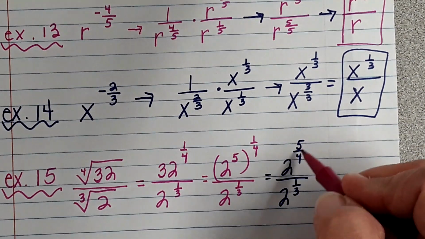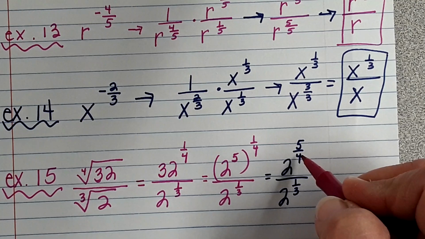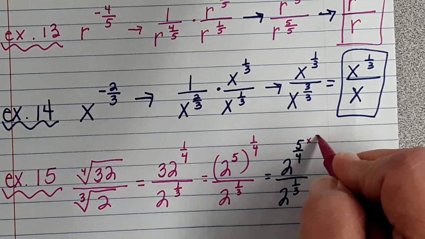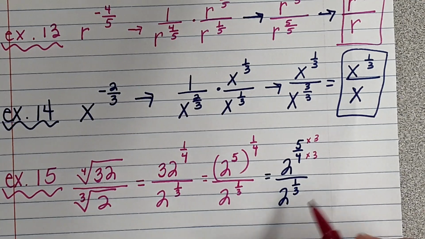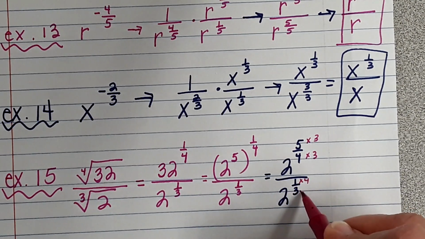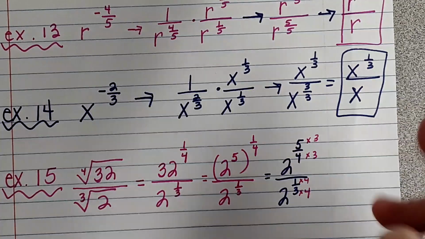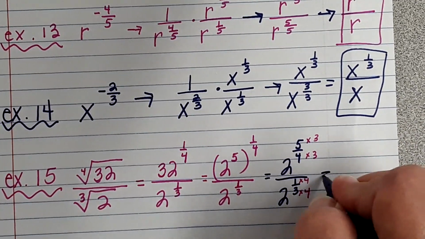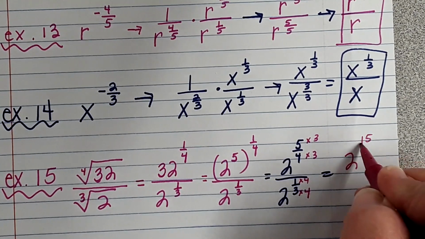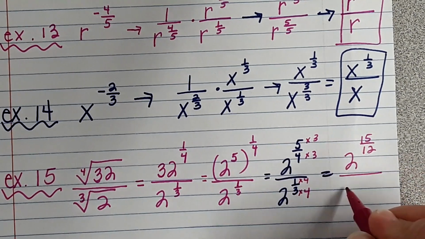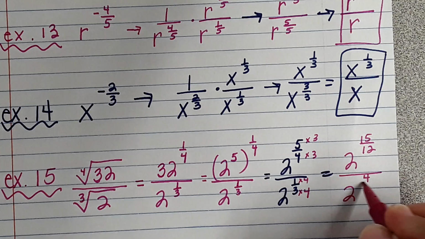What can I multiply 5/4 by? So I'm going to multiply this by 3. And what am I going to multiply 1/3 by? So I have 2 to the 15/12 over 2 to the 4/12.